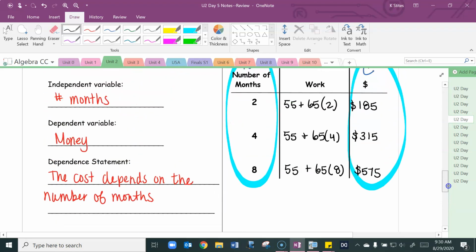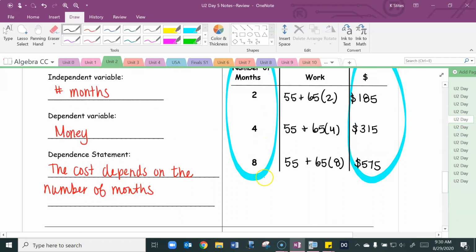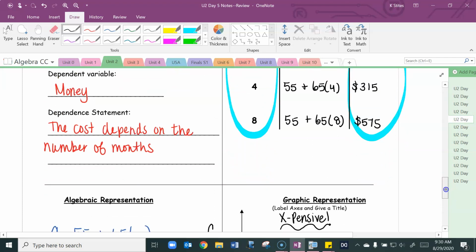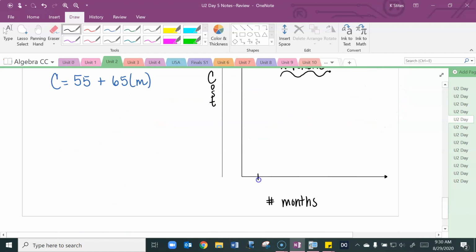Okay, so then let's just look at our x's. 2, 4, 8. This seems like a really good thing to jump by 2's. 2, 4, 6, 8. Make sure you jump by even numbers. You can't just put 2, 4, 8. You've got to make sure it's jumping evenly. So right now, my scale that I have is by 2's. 2, 4, 6, 8, because that's what each tick mark represents.